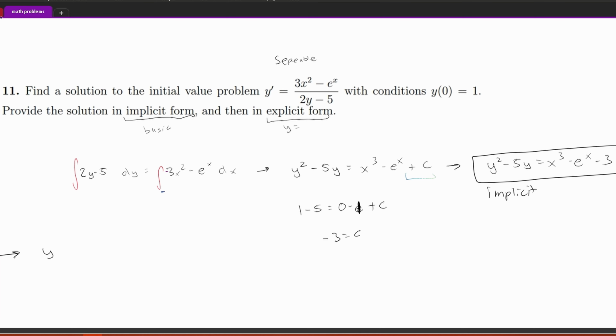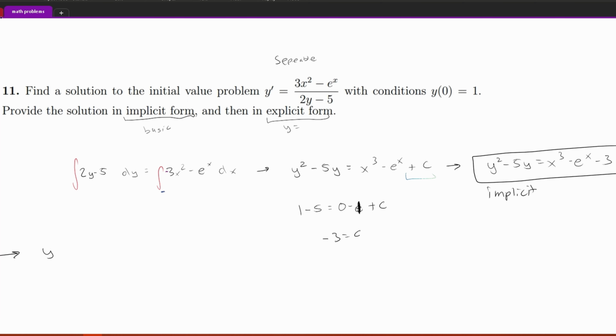So we're going to get y and then y minus 5. We can't really put it in explicit form because we can't separate the y too much from here since, you know, it's already with this 5 and we can't take it out.